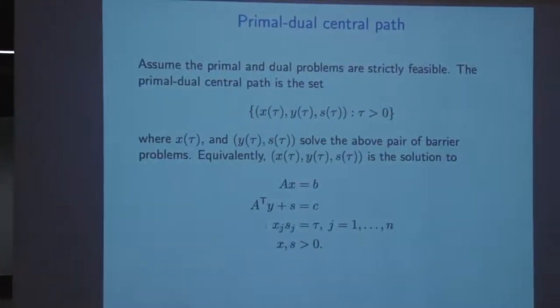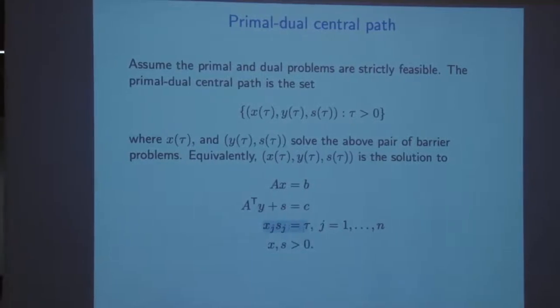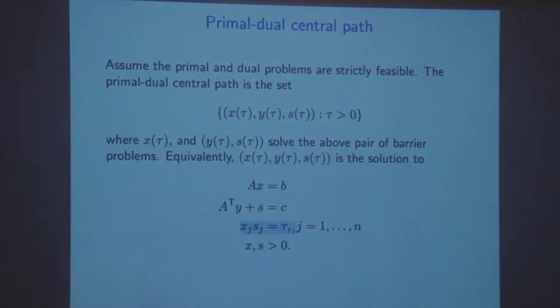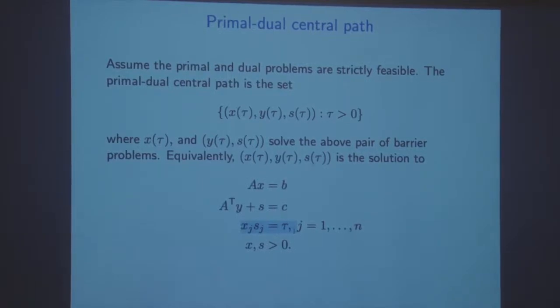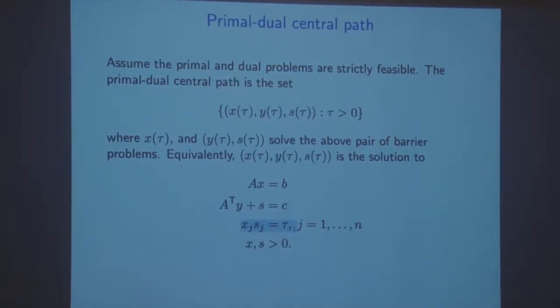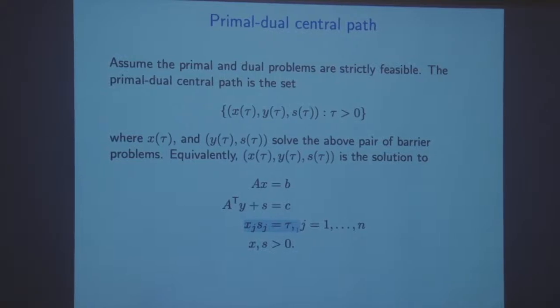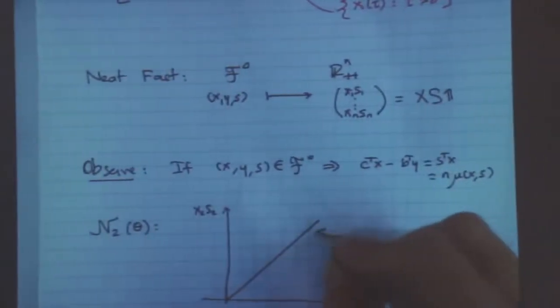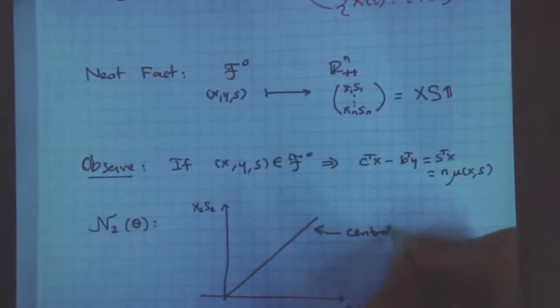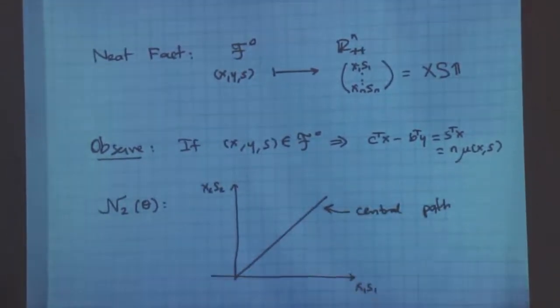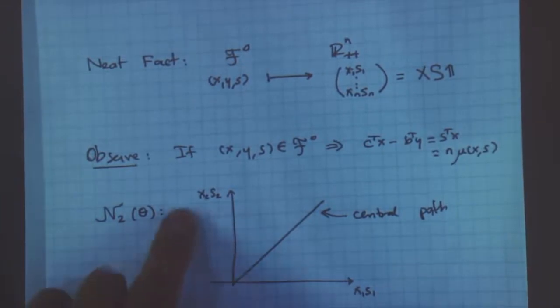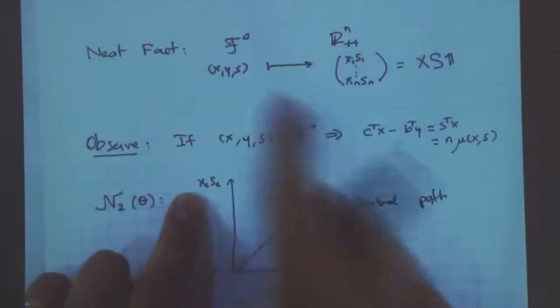If we are on the central path, then the components xj sj are all the same, and they're equal to tau. So when we are on the central path, we are on this ray here. This would be the central path, and again, I'm looking at this after we make this identification.